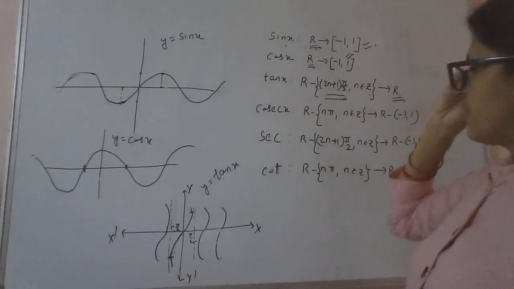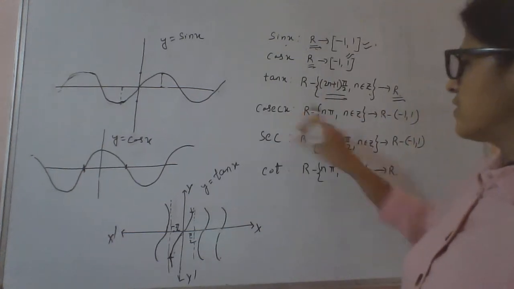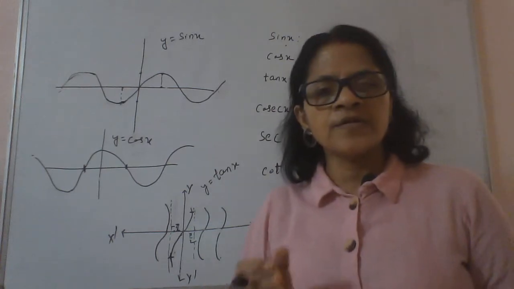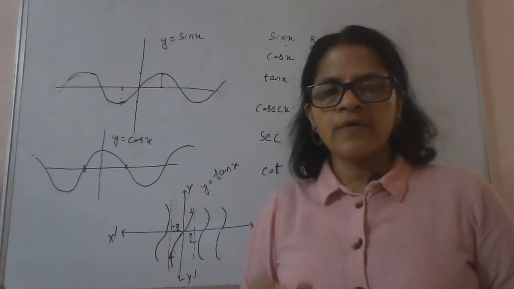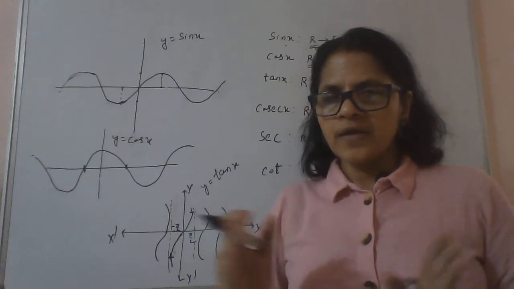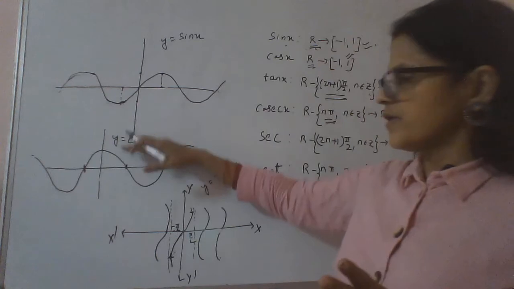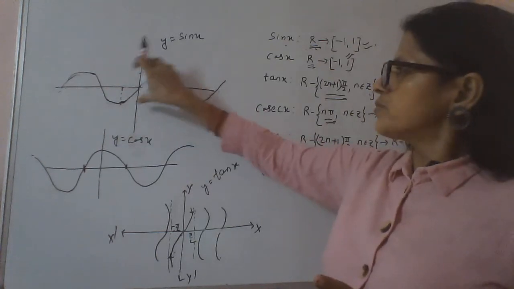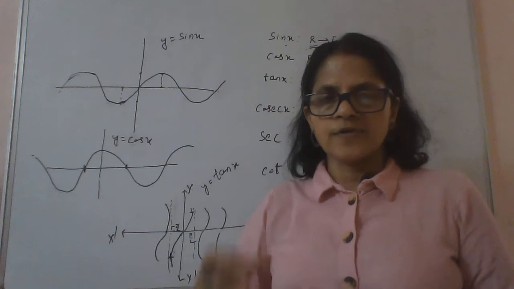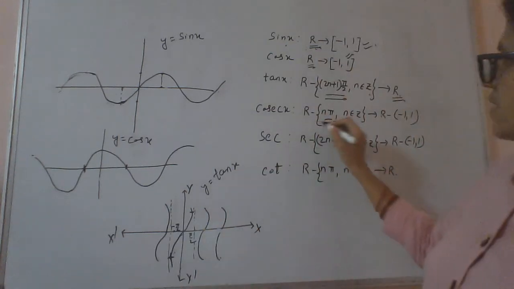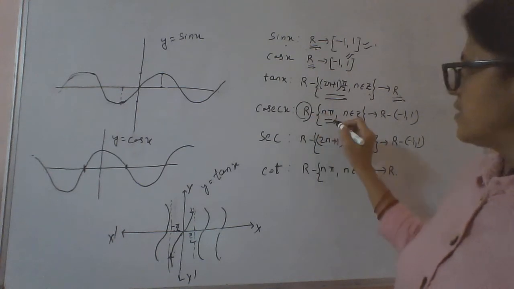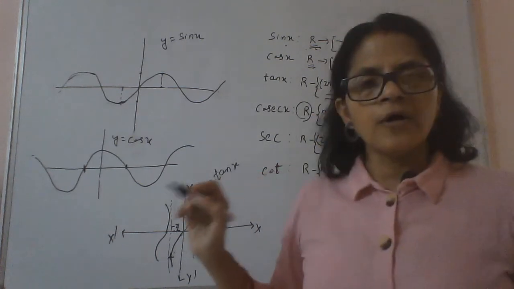And similarly you can see cosec x. Cosec x is not defined where sin x is 0. And also, you know, sin x is between minus 1 and plus 1, right? Minus 1 and plus 1, and you do not have cosec x in those portions. So the domain of cosec x is R minus, the set of real numbers except multiples of pi.